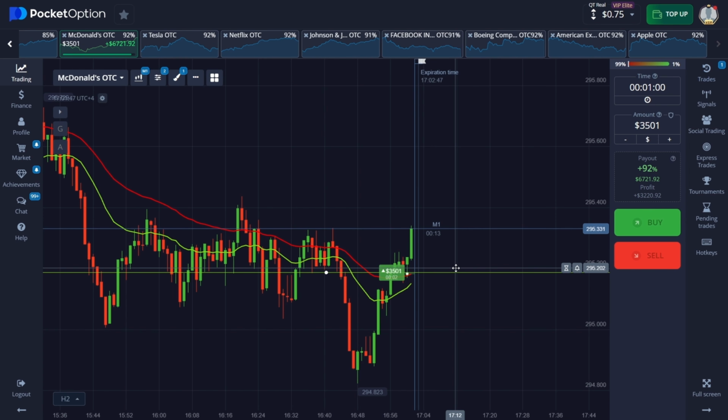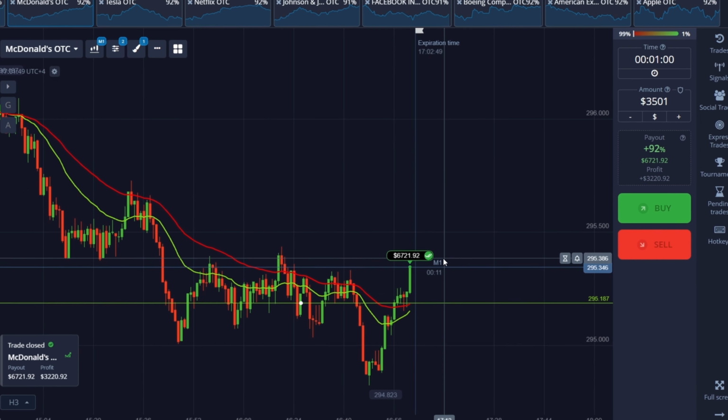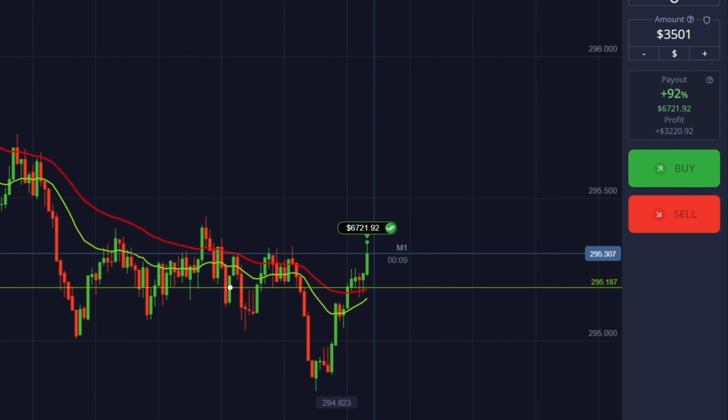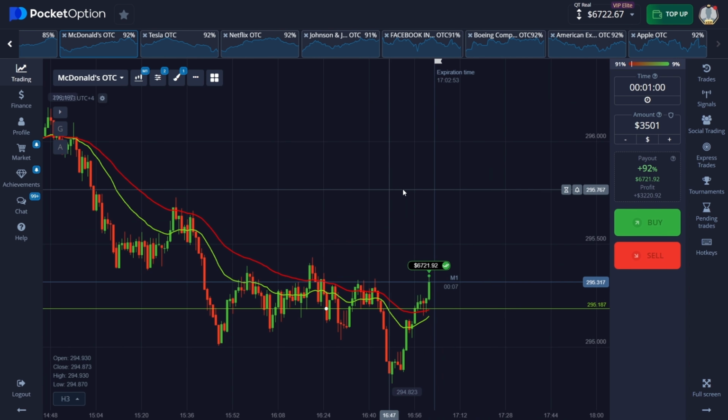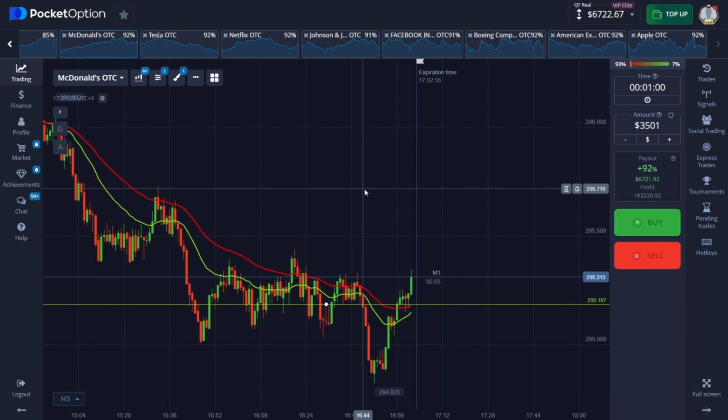With only a few seconds left, it looks like a good win. Yes, we won our last trade of the compounding session. Now my balance turns into $6,722.